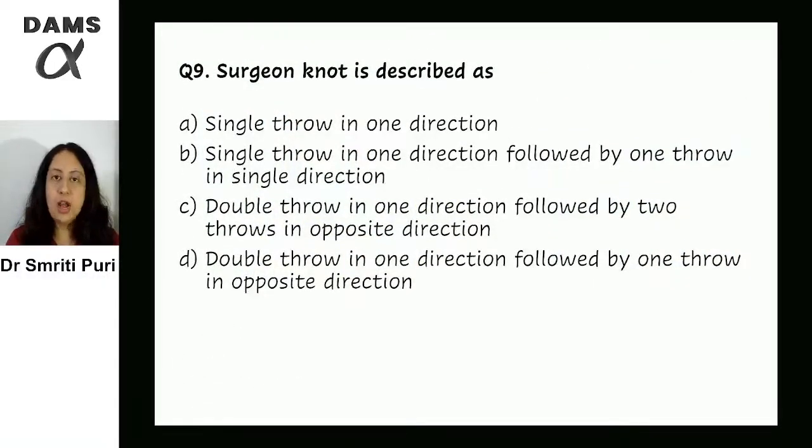Surgeon's knot is described as: A, single throw in one direction; B, single throw in one direction followed by one throw in single direction; C, double throw in one direction followed by two throws in opposite direction; D, double throw in one direction followed by one throw in opposite direction.